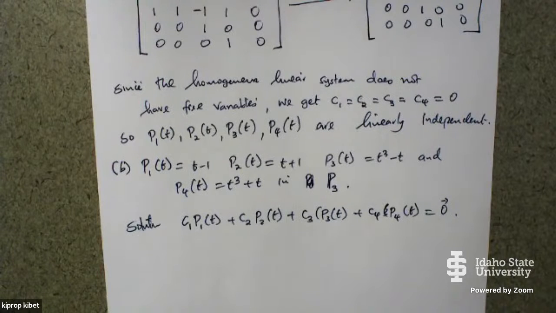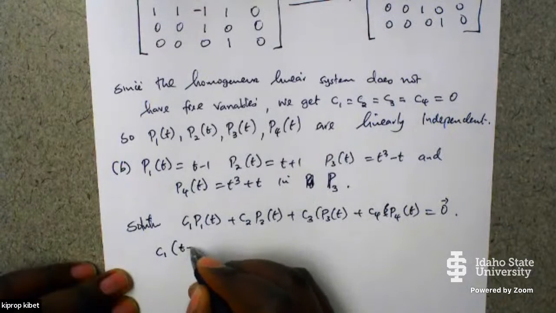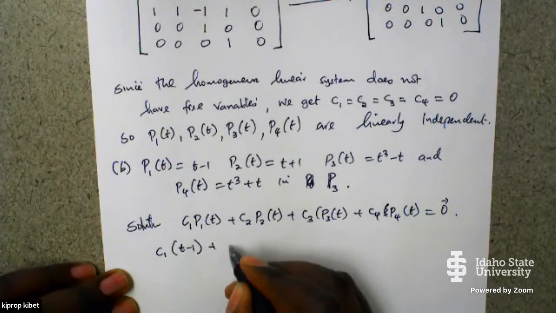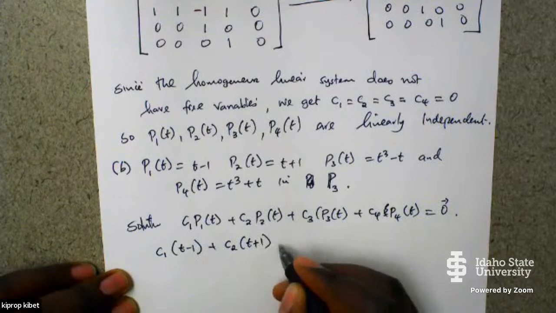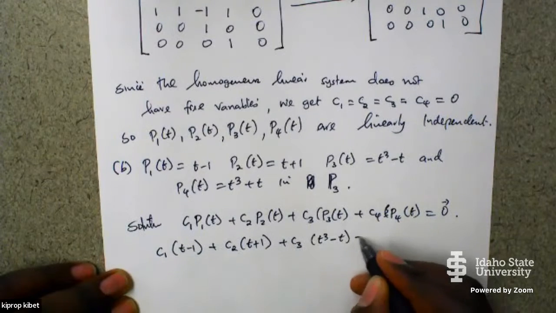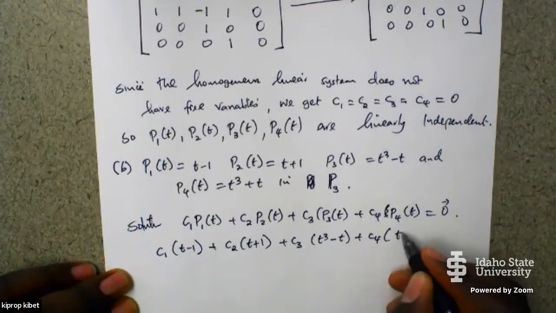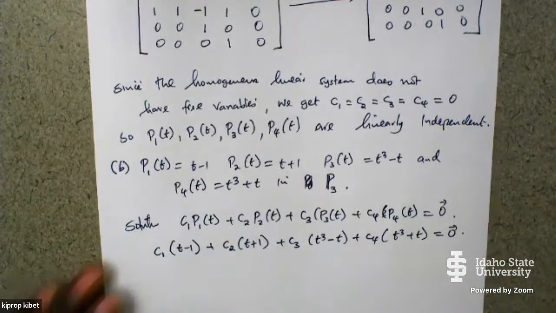So we now substitute those values here: C1 of T minus 1 plus C2 of T plus 1 plus C3 of T cube minus T plus C4 of T cube plus T equals to 0.